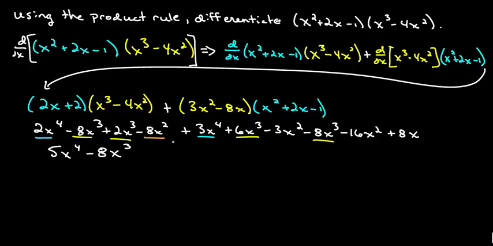Then for the squared terms, I have -8, -3, which gives me -11, and -16, which gives me -27. And then I've just got one little x left over at the end, all by itself. So this right here is the derivative of the function up here.